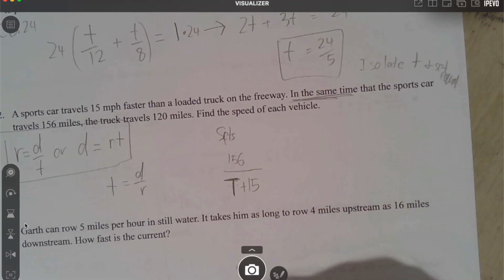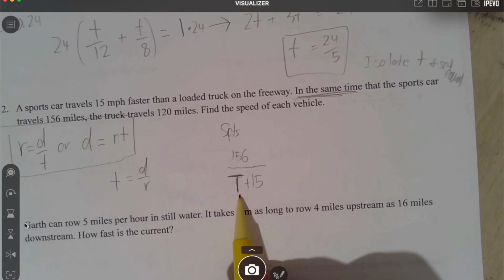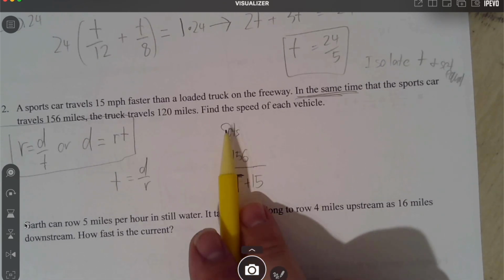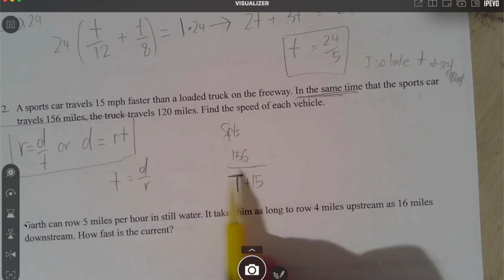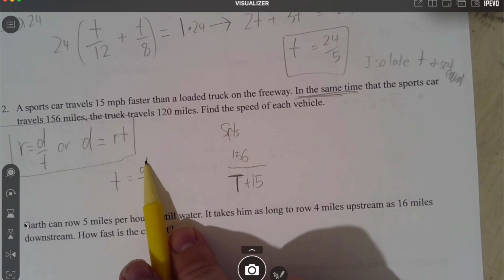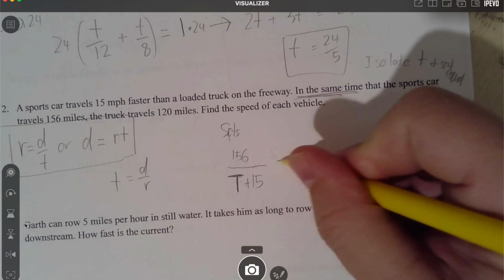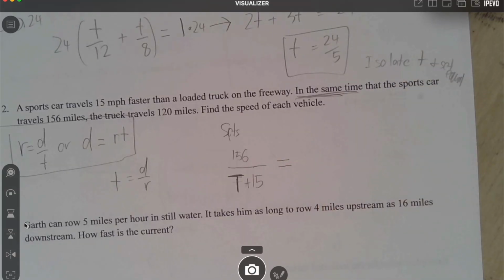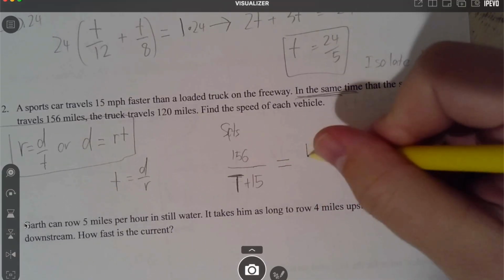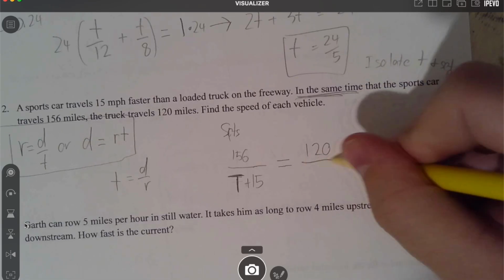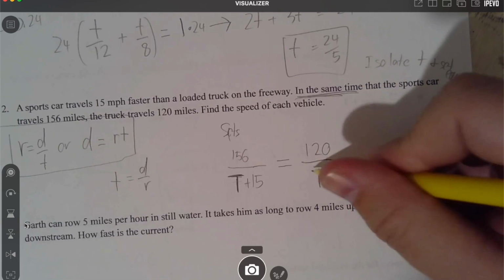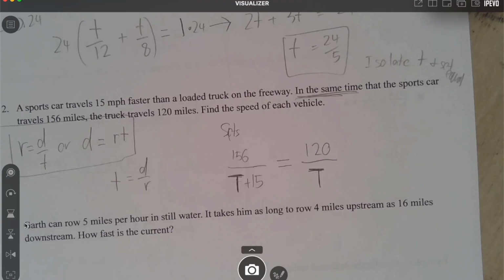Capital T for truck, whatever its speed is, the sports car goes 15 miles an hour more. That's my D over R: 156 over T plus 15. And I'm going to set that equal to, because it says in the same time, what the truck does. The truck only goes 120 miles, but the truck's speed is just T itself.